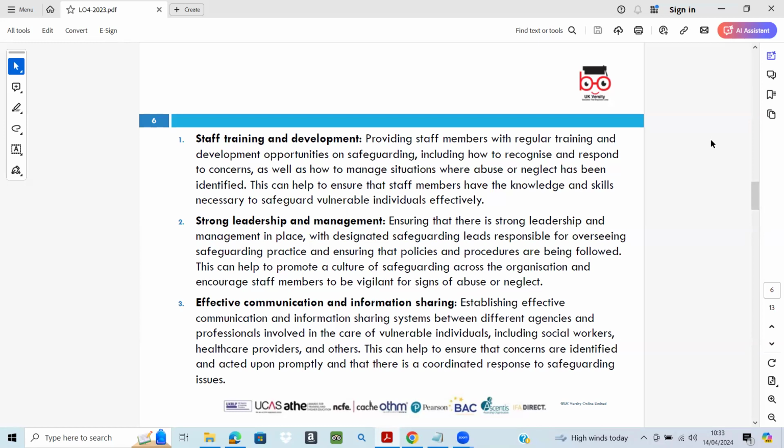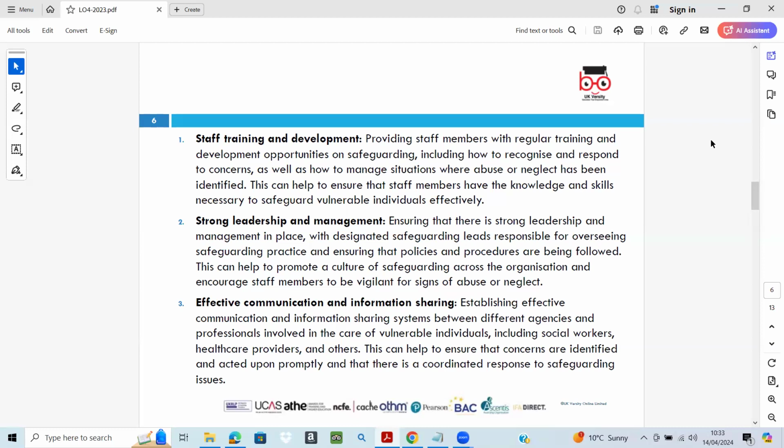Then we have strong leadership and management. This is again an important aspect. This involves having leaders who are committed to safeguarding and who actively promote a culture of safety and vigilance within the organization. Designated safeguarding leads play a crucial role here.